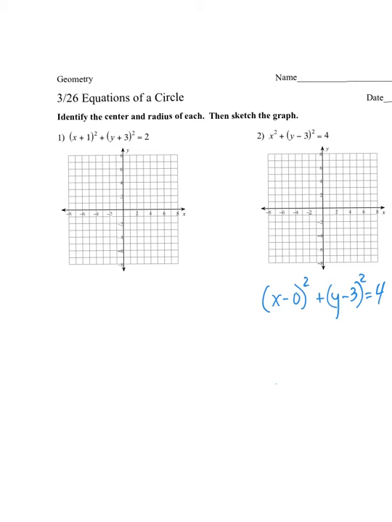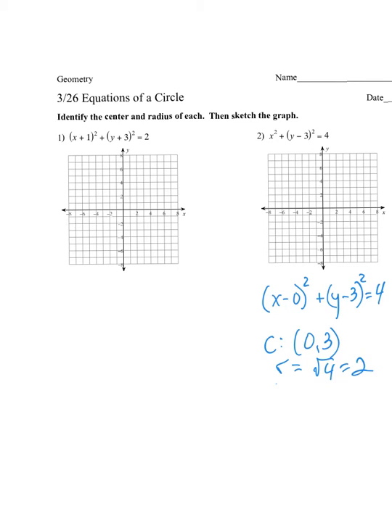So we have that the center is 0, 3. Remember, we're changing the sign, but 0 doesn't have a sign. It's always positive. There's no such thing as a negative 0. And then negative 3 turns to a positive 3. And the radius would be the square root of 4, which is 2. Don't forget to square root that number in the equation to make it a 2, okay?